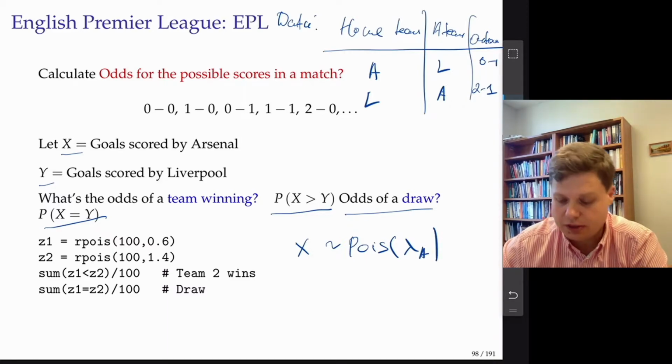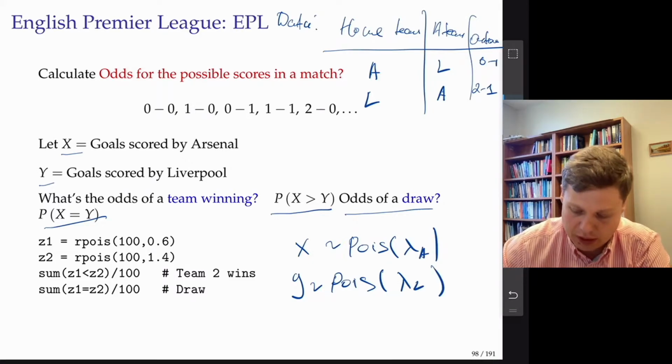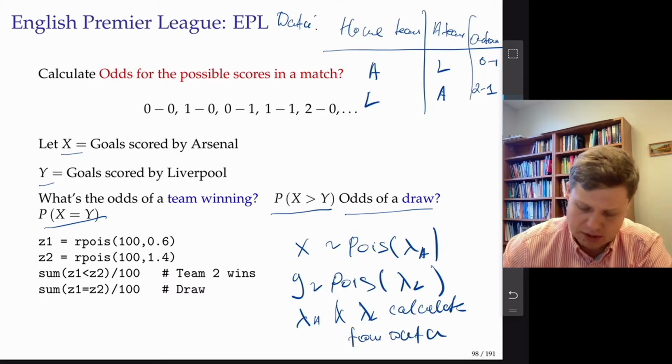Arsenal will have its own average rate of goals, and Y is also Poisson, with the average rate of goals for the Liverpool. And I'm gonna calculate lambda A and lambda L from data.